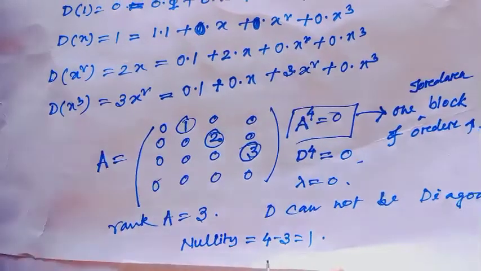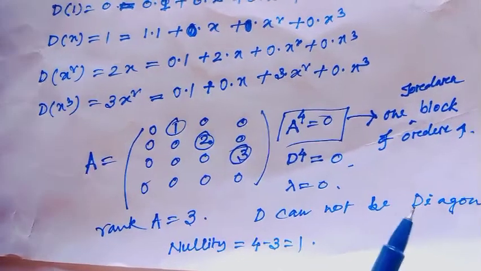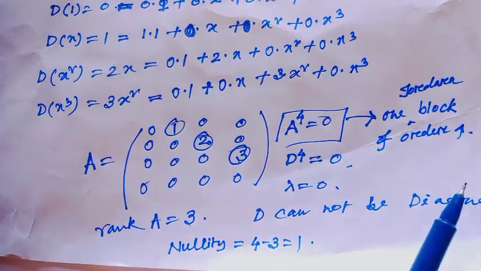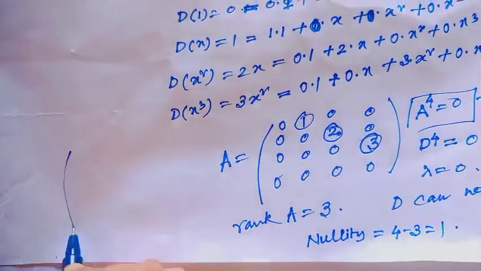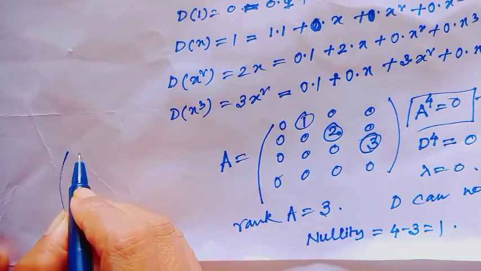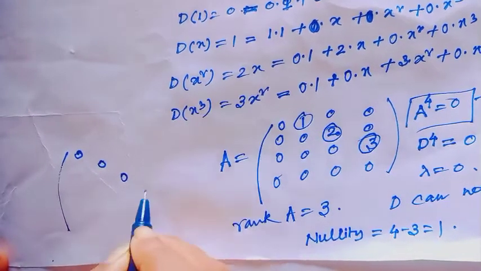Therefore the nullity of this matrix is 1. That means there exists only one Jordan block of order 4, and this would be such type: one Jordan block of order 4. Here the eigenvalue is 0.